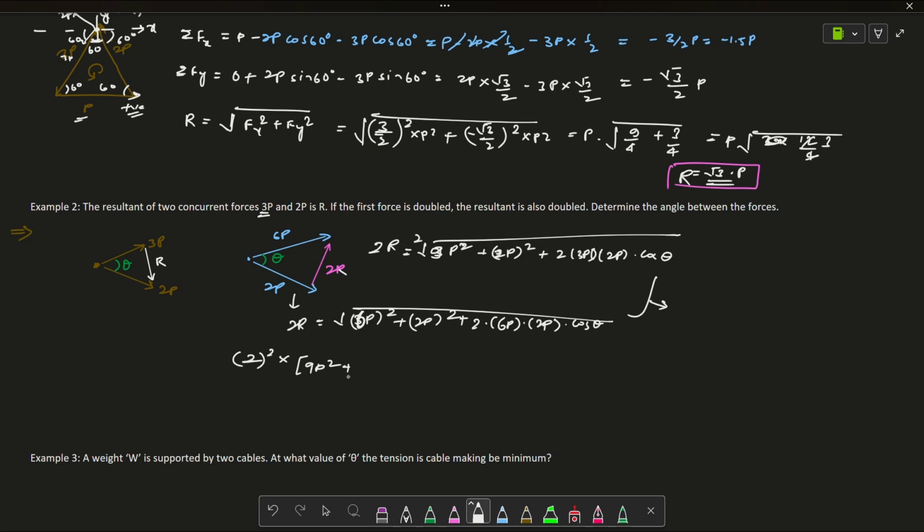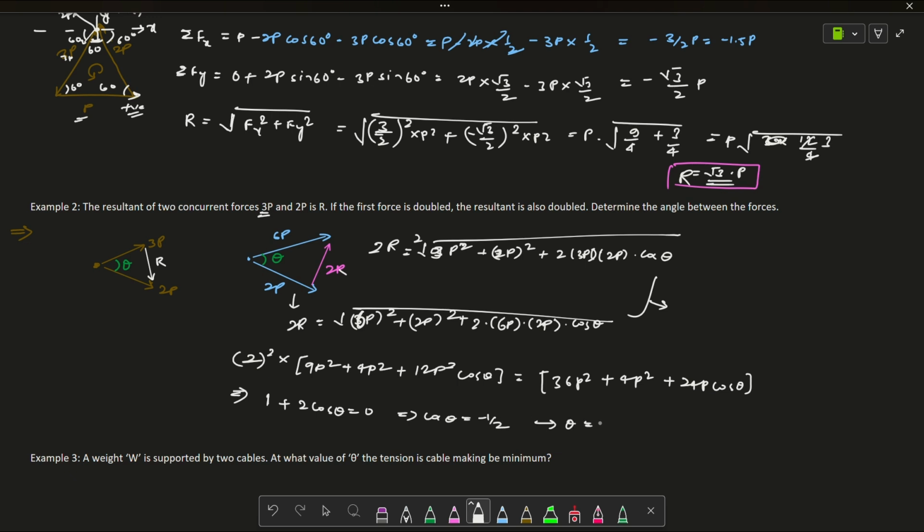So 9P square plus 4P square plus 12P square cos theta equals 36P square plus 4P square plus 24P square cos theta. If you solve all of them, you will get 1 plus 2 cos theta equal to 0. That means cos theta equals minus 1 by 2. That means theta is equal to 120 degrees.